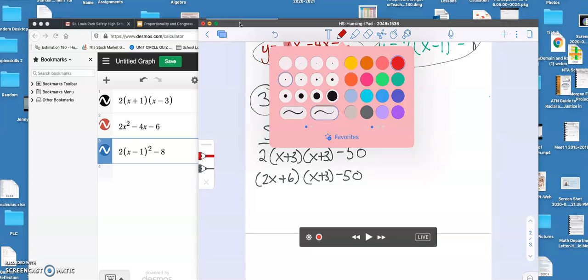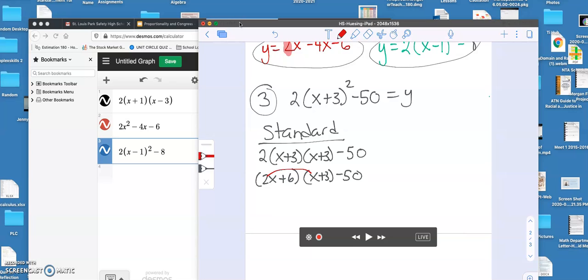And then we have to distribute these together. So 2x times x, 2x squared, 2x times 3, 6x, 6 times x, 6x, 6 times 3, 18, and we still have that minus 50.